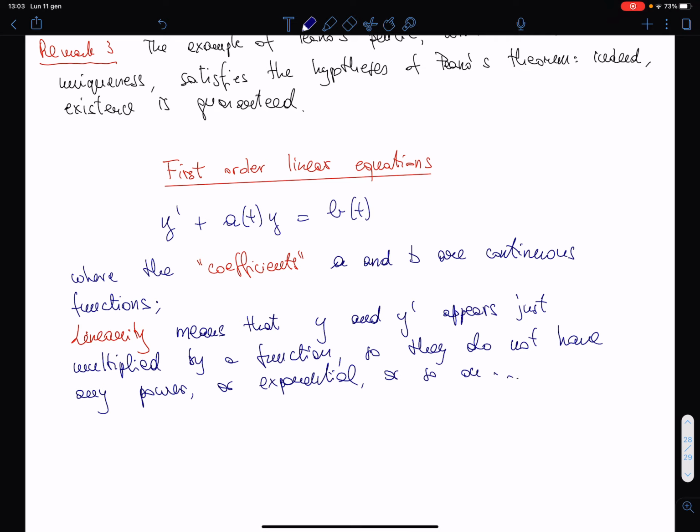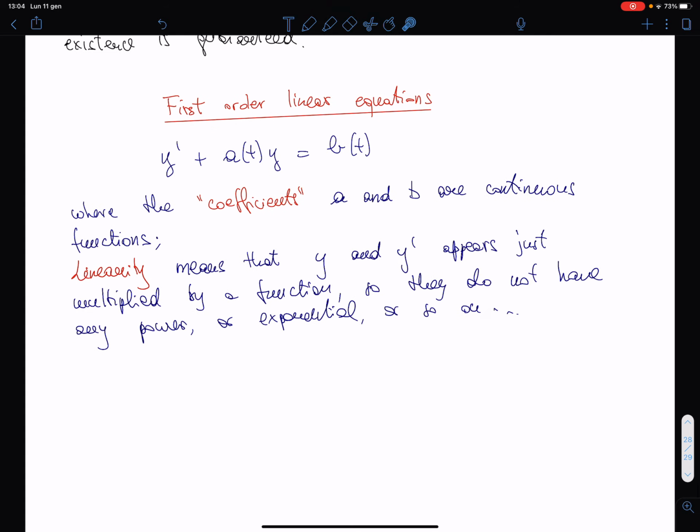So this is a very naive way to describe linearity. This is the structure, linear equation. Then you will have a course about the idea of linearity, which is the course of geometry. So don't worry if you don't understand, but this is the shape of the equation we want to study.